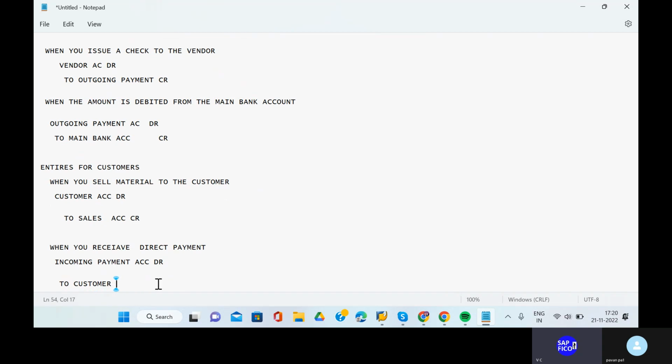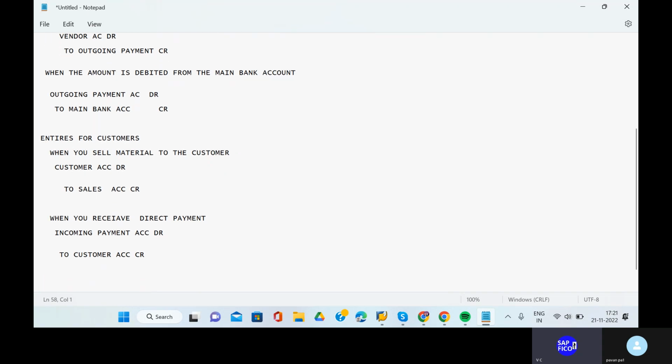Now when the amount is credited to your main bank account, whatever amount is debiting from your account should be debited from your account only, and whatever amount is crediting to your account should be credited to your main bank account, right?